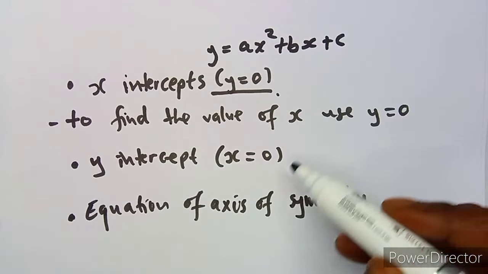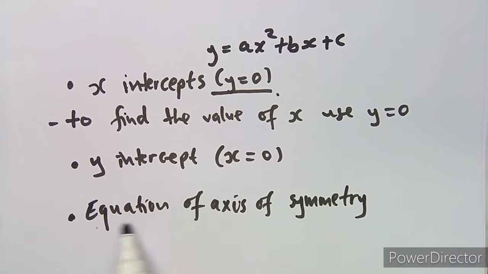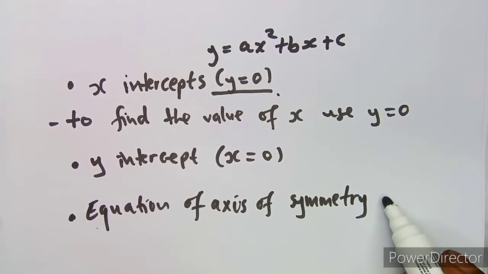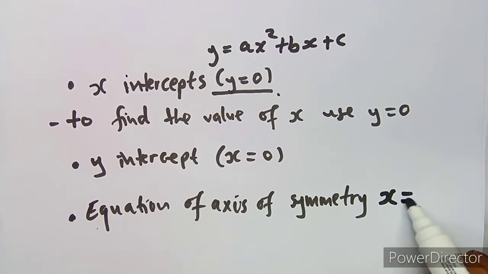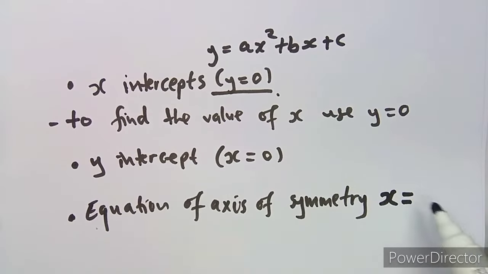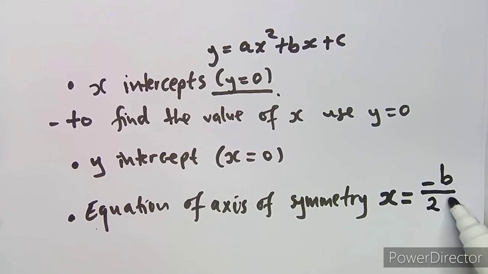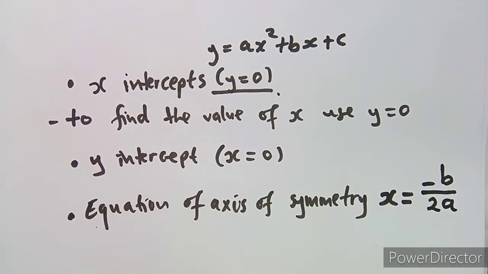This is where you obtain the equation of the axis of symmetry. How do you obtain it? It's x equals minus b over 2a. That is the equation for the axis of symmetry: x equals minus b over 2a.